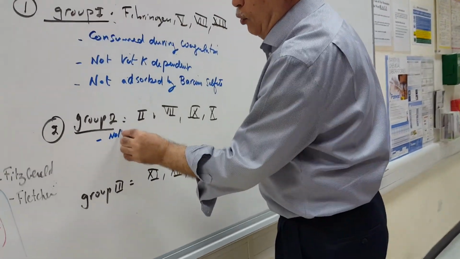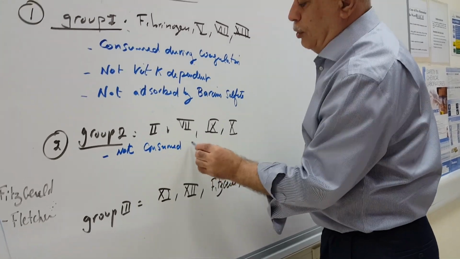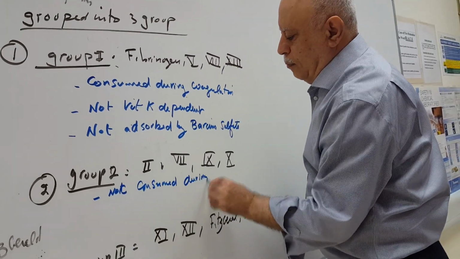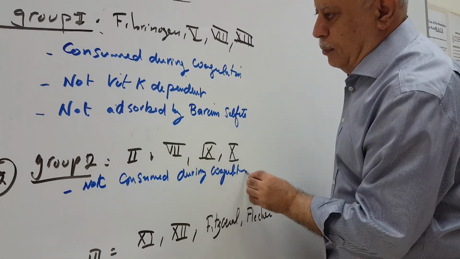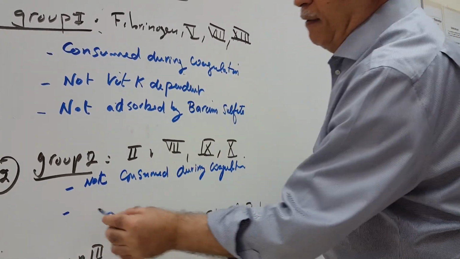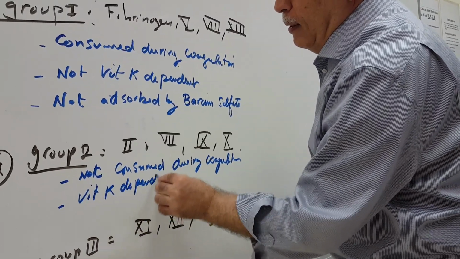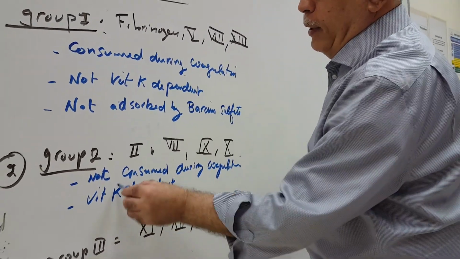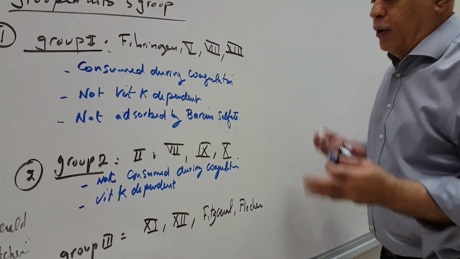Group 2 is not consumed during coagulation, it is vitamin K dependent. That means if we lack vitamin K, we lack this group, which means we don't clot.